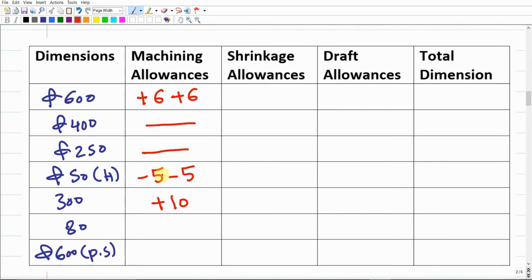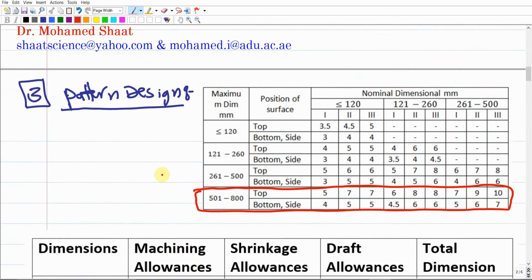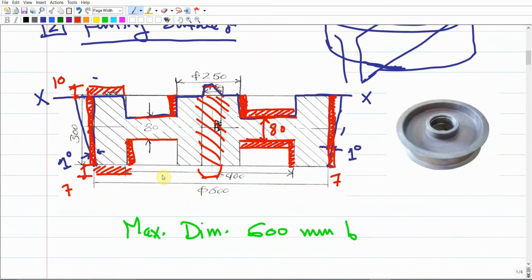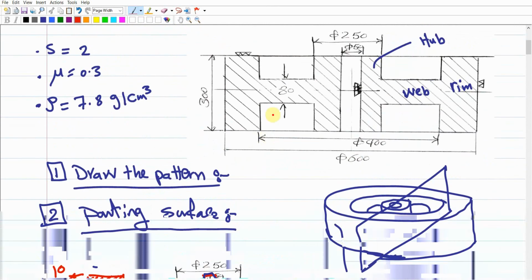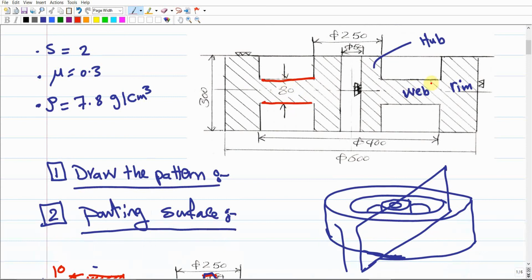How about the 80 millimeter dimension? The 80 millimeter connects two surfaces. As we agreed, it should be this surface and this surface, or in this drawing, it should be these four surfaces, this one and this one. This is one surface, this is a different one. But you should understand that this surface is the same as this one.